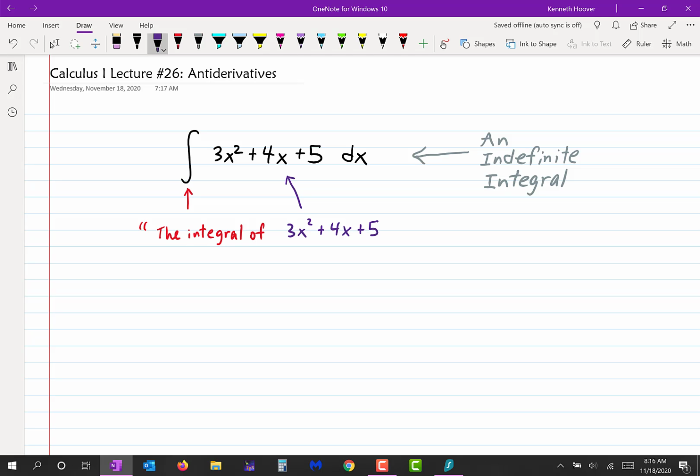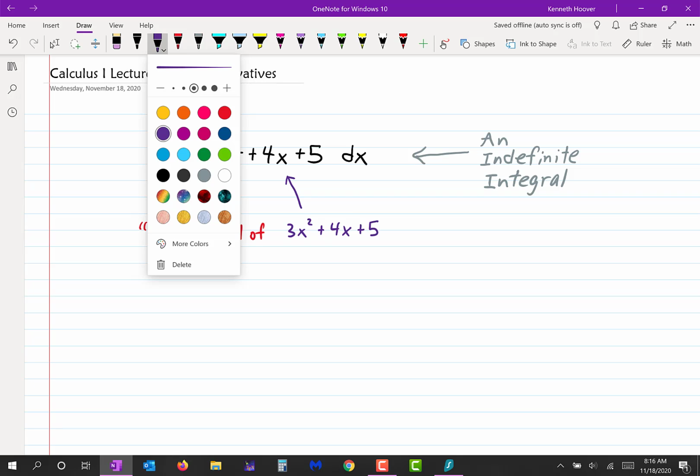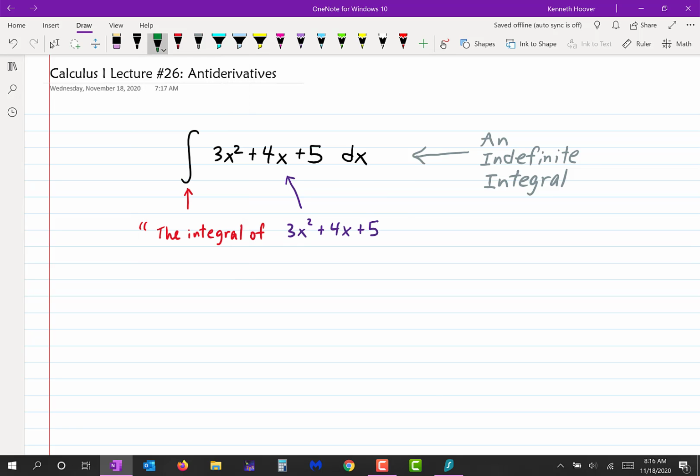Okay, and then when you get to the dx, you say with respect to x. Okay, the integral of 3x squared plus 4x plus 5 with respect to x. That's how you read that. Okay, what is it? It's called an indefinite integral.